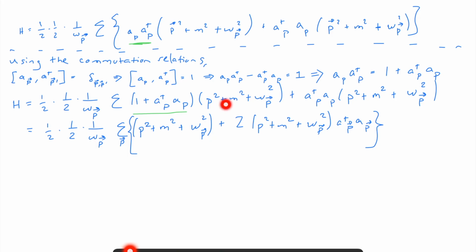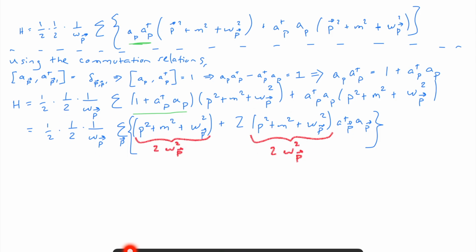But then I also have that exact same thing here, a†_p a_p, and then the same factor here, p squared plus m squared plus omega p squared. So I have this once and this again, and that's just 2. One of these plus another one of these gives me 2 of these. So I have 2 times p squared plus m squared plus omega p squared, a†_p a_p. That's what I got here so far for the Hamiltonian.